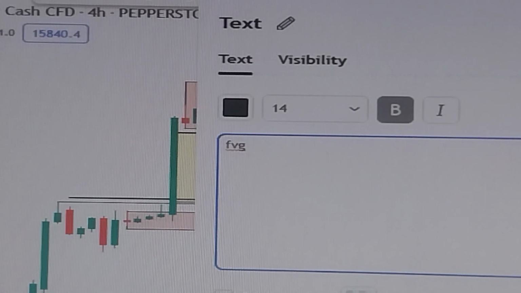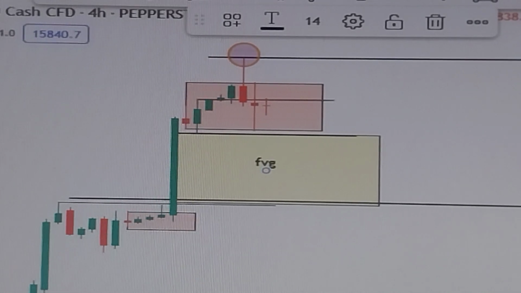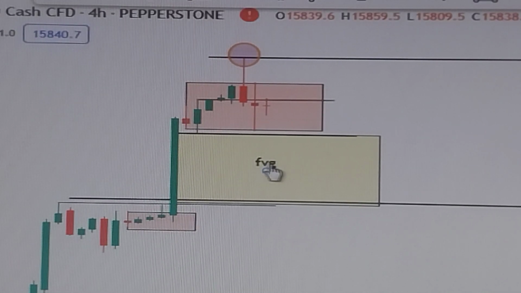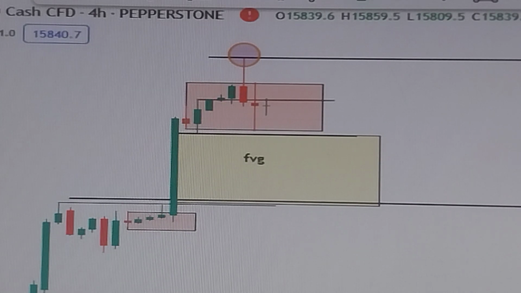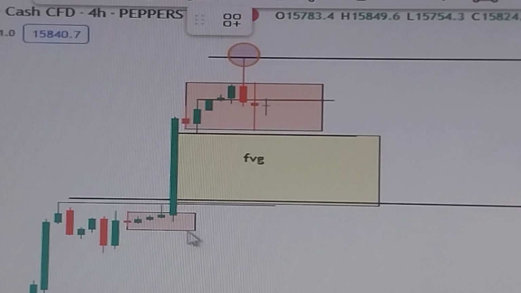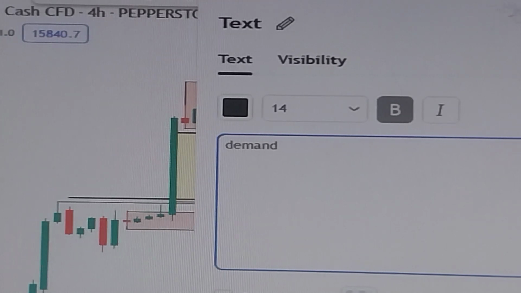You have to know what you're looking for in the market, because there are things that we look for in the market, things that drive the market, and things that really don't matter for now.